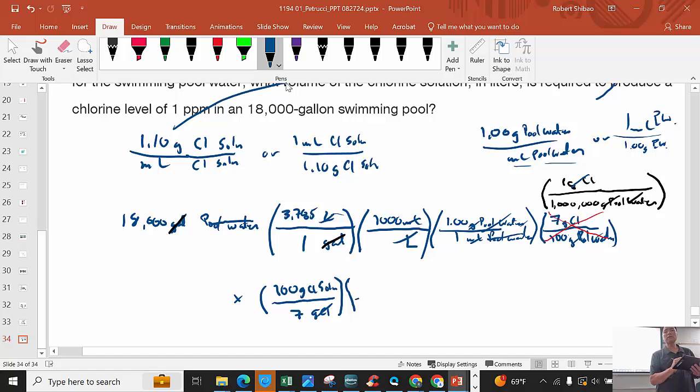Now what I want to do is get rid of grams of chlorinating solution, but what do I know about that chlorinating solution? I know that there are 1.10 grams of chlorinating solution per milliliter of chlorinating solution. And so the grams of chlorinating solution cancel, and that leaves me with milliliters. And then they want liters of chlorinating solution, so I'm just going to convert from milliliters to liters.